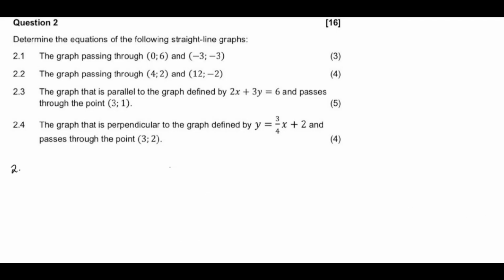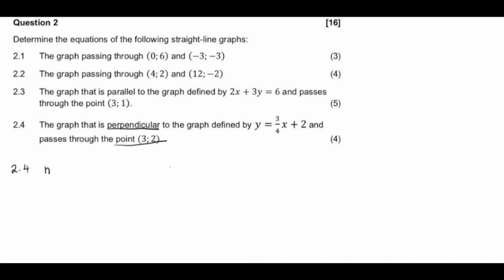For 2.4, they want us to find the graph that is perpendicular to the graph defined by y is equal to 3 over 4x plus 2 and passes through the point (3, 2). What we know about the gradients of perpendicular lines is that the product of their gradients is equal to negative 1.